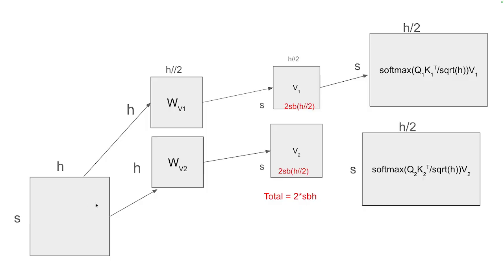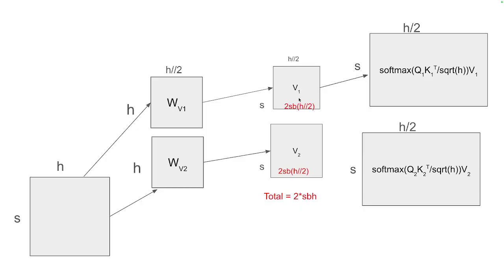And then you do a matrix multiplication and you get the values for the first attention head and the second attention head. As you have two attention heads, your hidden dimension reduces by a factor of 2.